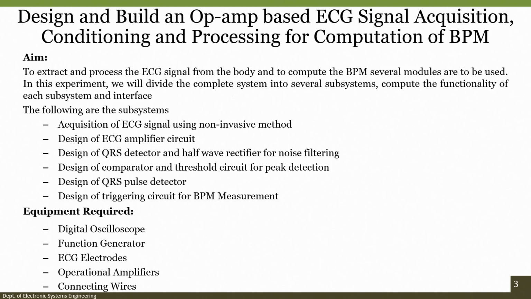That means we need to do differentiation. Moreover, since the signal to noise ratio is really poor in the acquisition of a raw ECG signal, we require a proper signal conditioning circuit which can improve the signal to noise ratio, and we also require a filtering circuit to remove the unwanted signals in the ECG signal. So, to remove them, we should understand what the unwanted signals are and why they come into the ECG signal.